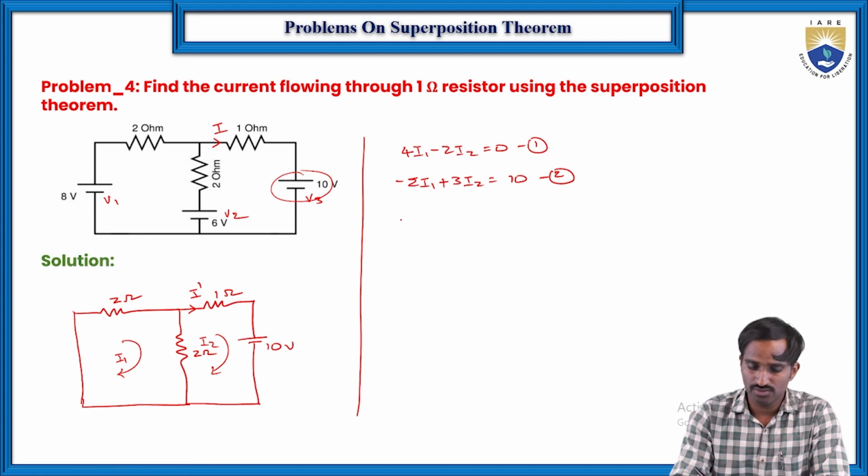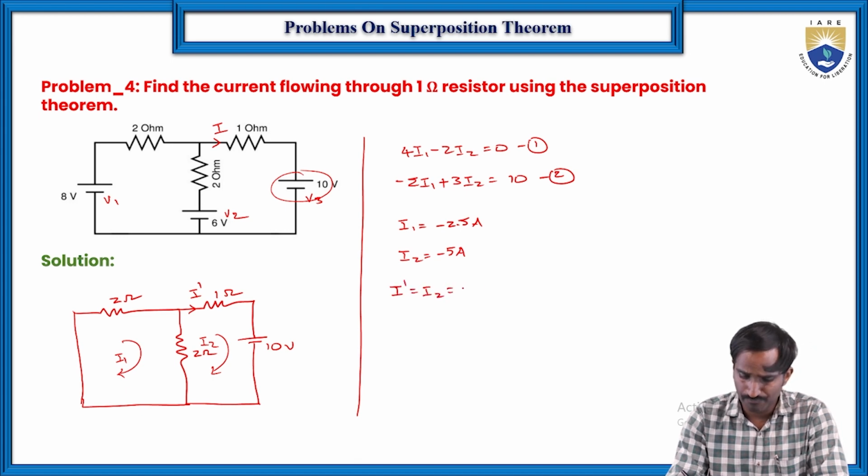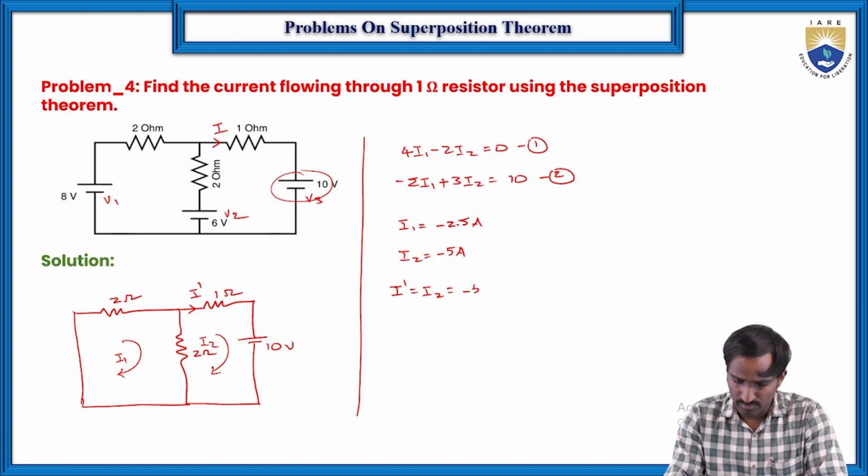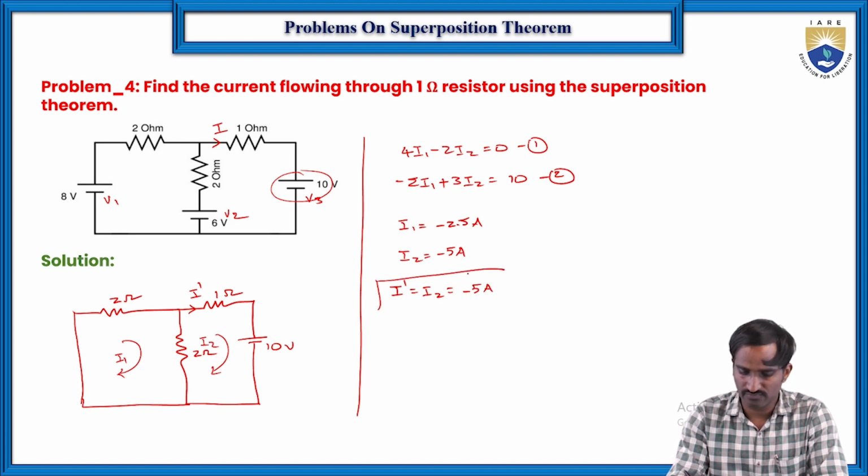Then by solving these two, I1 is equal to minus 2.5 amperes, and I2 is equal to minus 5 amperes. So anyway, I dash is equal to I2, which is equal to how much? Yeah, minus 5 amperes. So this is the first case, right?